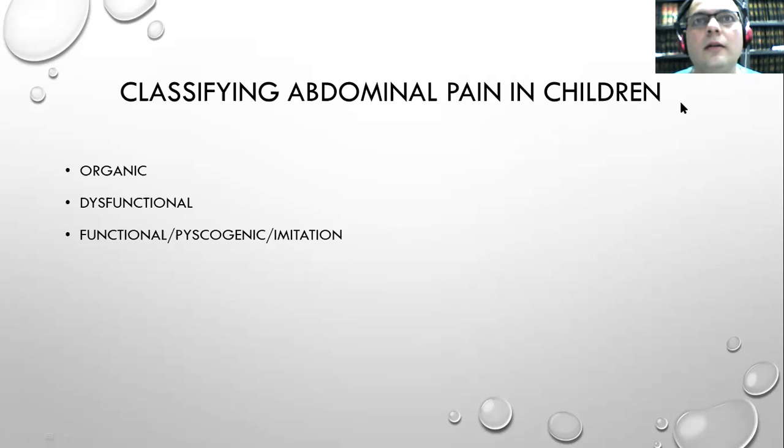One is organic type, the second one is dysfunctional type, and the third one is the functional type of pain, which is also known as imitation pain or a psychogenic pain. So we need to find out whether this pain is of organic origin or of dysfunctional origin, or it is just a psychogenic pain which can be ignored.